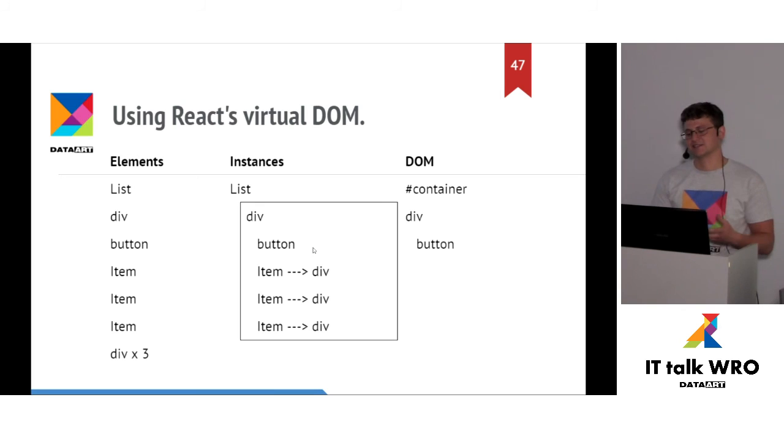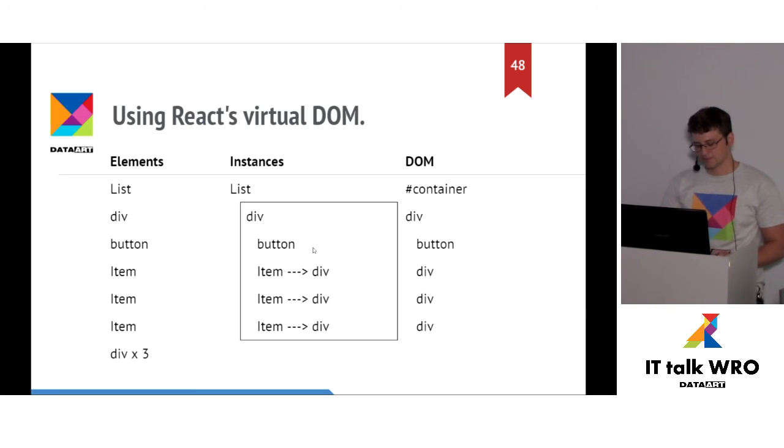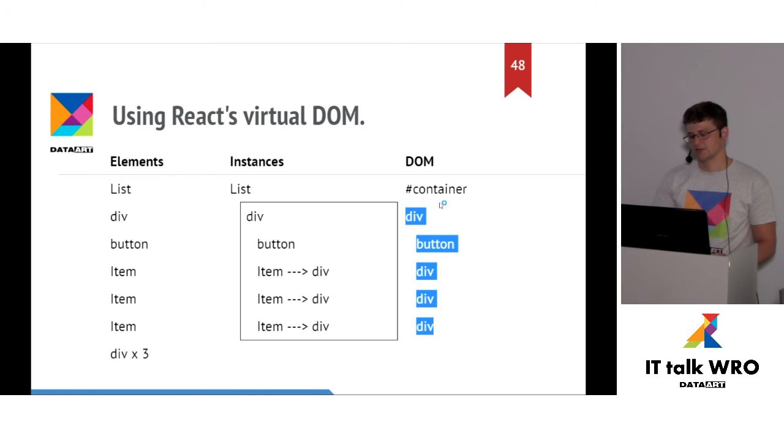Then it will create instances of those things. And as long as it knows what the div is, because it's a valid DOM element, HTML element, it will create those things. So at first we had the container, then we've got a div, which wraps all of those things. And please notice that those things are still not added to the container.